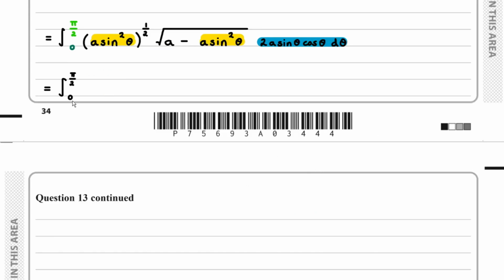So we've got the integral from 0 to pi over 2. Now here, a to the 1/2, that's the square root of a, and then we multiply by sine theta, because sine squared theta to the 1/2 is just sine theta. And then I can factorize out the square root of a here, leaving me with the square root of 1 subtract sine squared theta, and then I have 2a sine theta cos theta d theta.